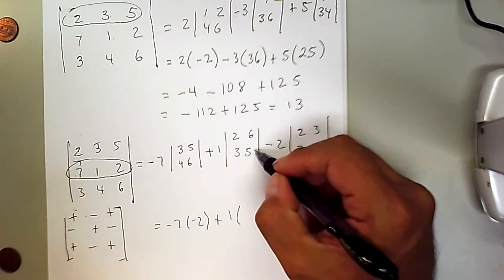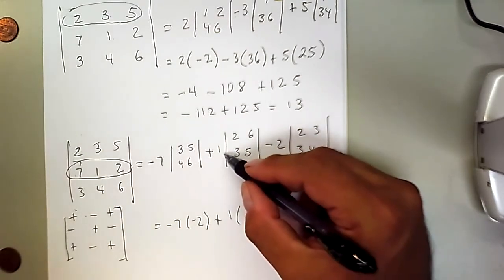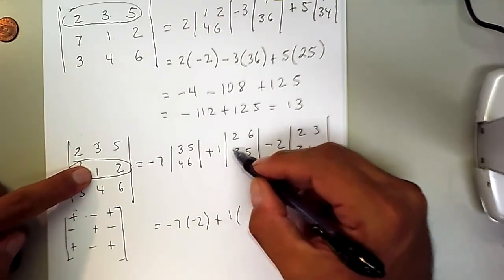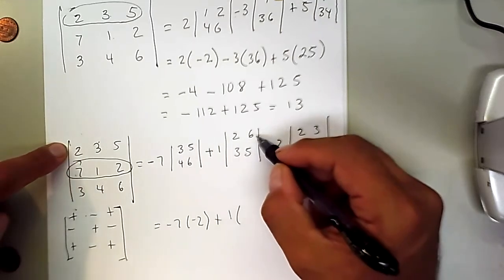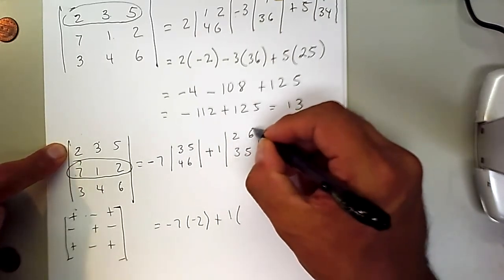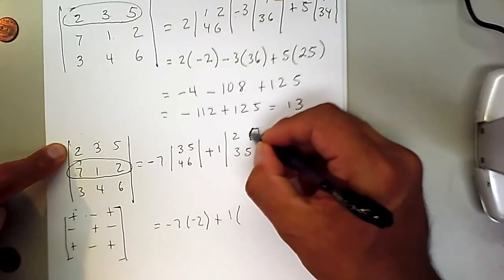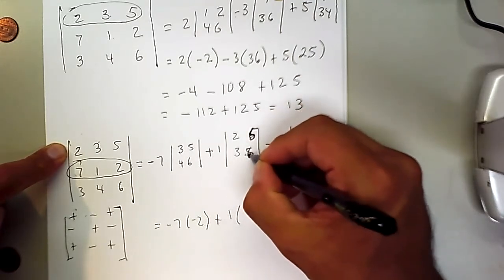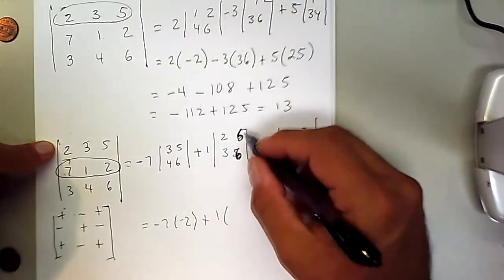Wait, this is 1. The determinant that goes with 1 is 2, 5, 3, 6. I think I switched those by mistake. Good thing I caught that. So 2, 5, 3, 6.